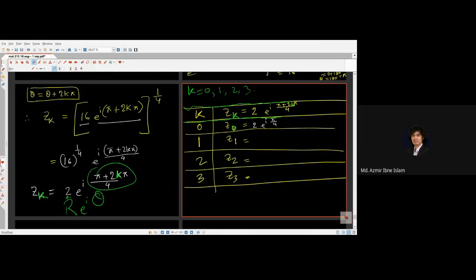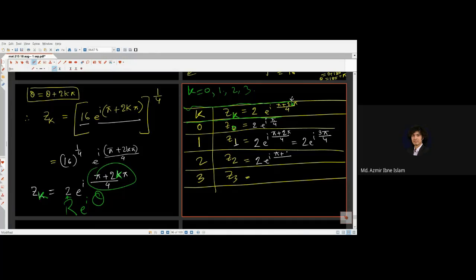And then if k is 1, we'll get 2 e to the power i (pi plus 2 times 1 times pi) over 4. So 2 e to the power i 3 pi by 4. Clear? This is the second root. Third root, 2 e to the power i (pi plus 2 times 2 pi) over 4. We are plugging k here.